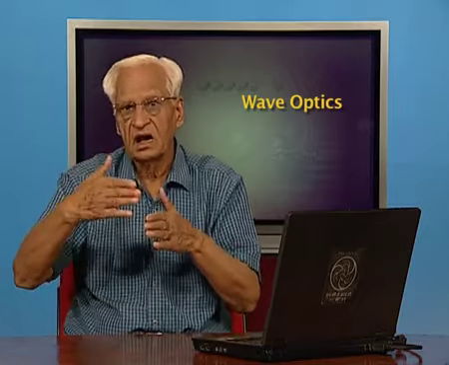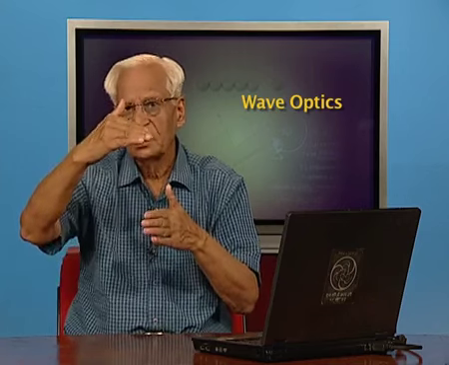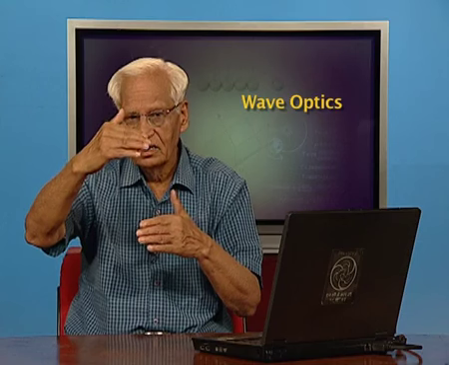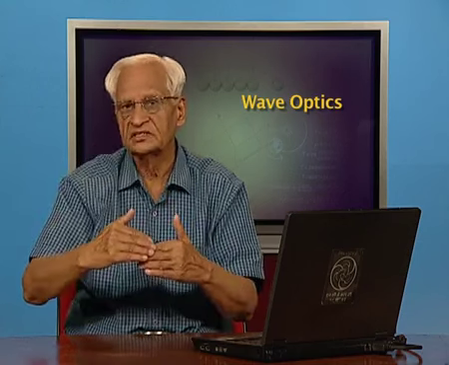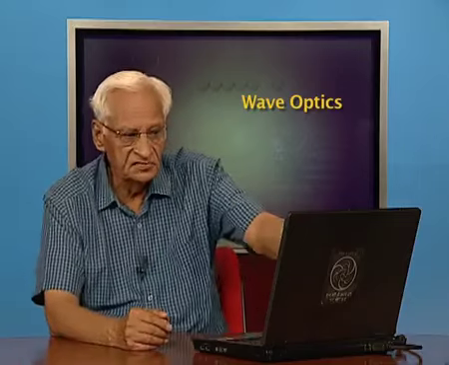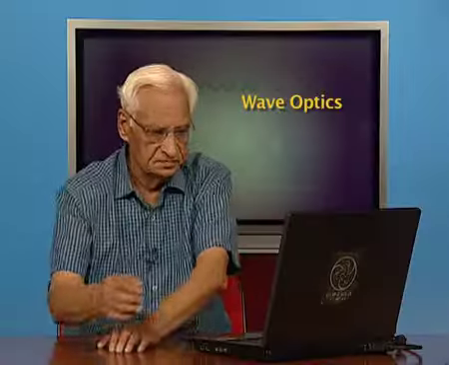These waves are generated by atoms, by electrons, which fall together from a certain state to a certain state, and these waves are all in phase. So, this is a difference. Laser light is a source of coherent light. These are all in the same phase.